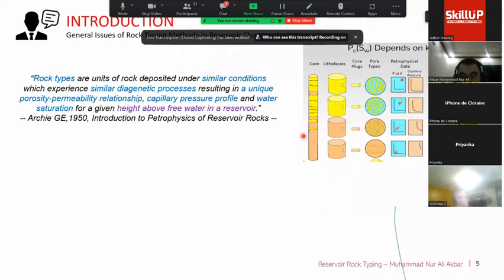In a simple way, we usually have rocks from coarse to fine grain, for example. When we have bigger pores, usually we have good porosity and permeability, and when we plot the porosity-permeability, it will be located in the upper right corner.